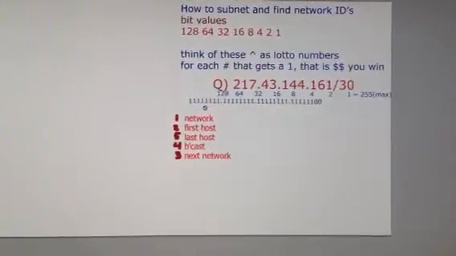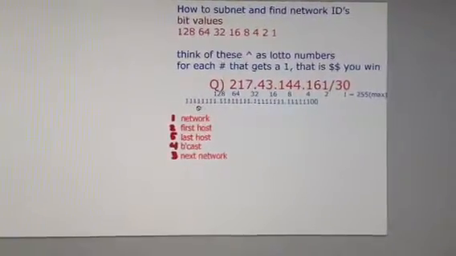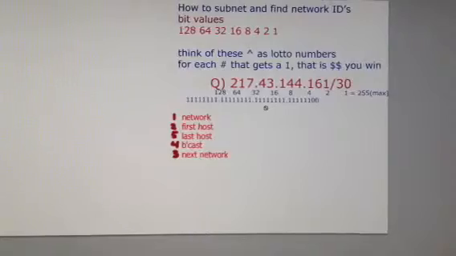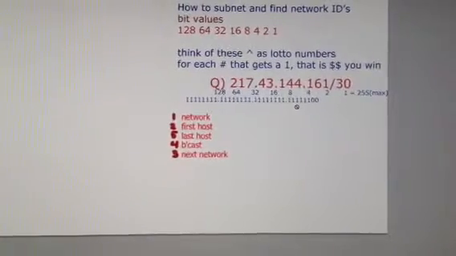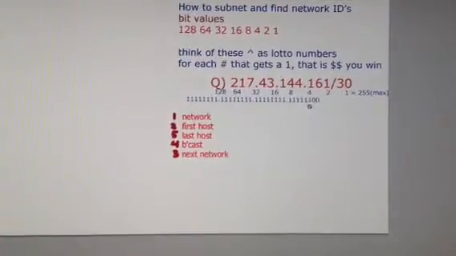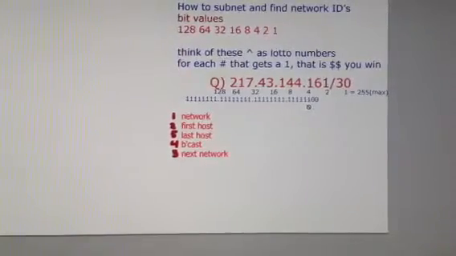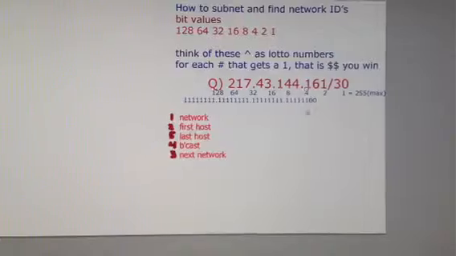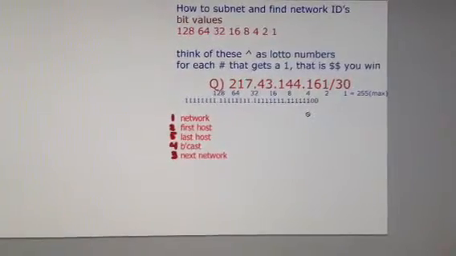So, first octet, meaning 8, is all ones, all ones, all ones, 8, 16, 32, and up until we hit 30. If you notice, the 30 lands on the 4 in our bit value.